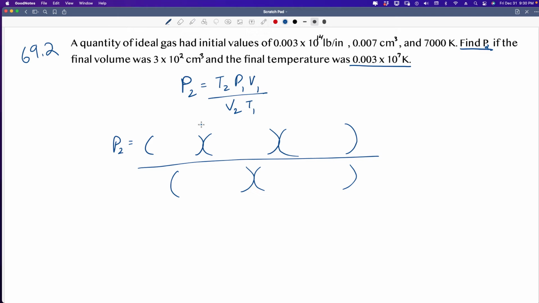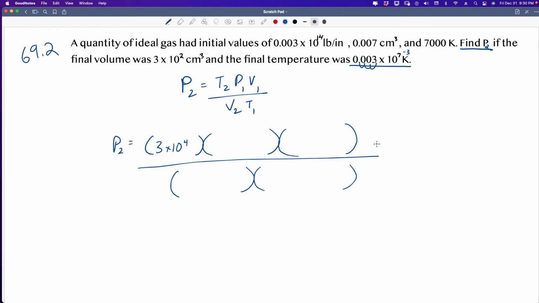So final temperature was 0.003 times, you know what, I'm going to skip a step here and reduce this, or solve this out. So 1, 2, 3, that is going to be subtracting, so minus 3. So that's going to be 3 times 10 to the 4.